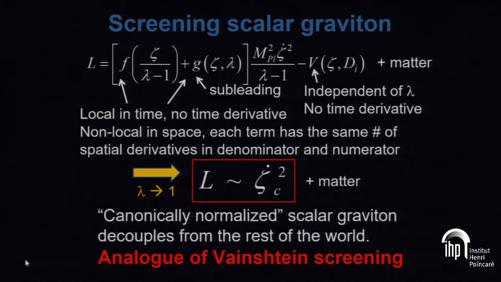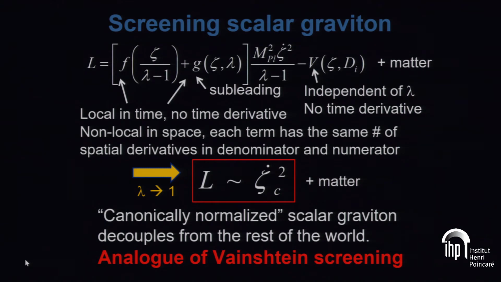And when we send lambda to 1, they disappear. Okay? So in the end, if we canonically normalize scalar graviton, we have just a time kinetic term. Sound speed is 0, and there's no interaction with matter. Okay? This is like dark matter.